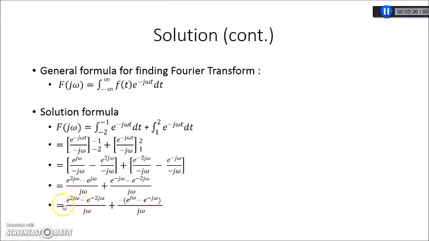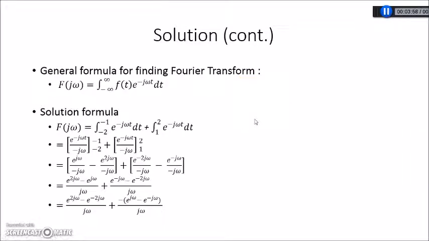For example, here the powers are 2j omega and negative 2j omega respectively, and from here the powers are j omega and negative j omega. We do this because it will be much easier to proceed to the next step.